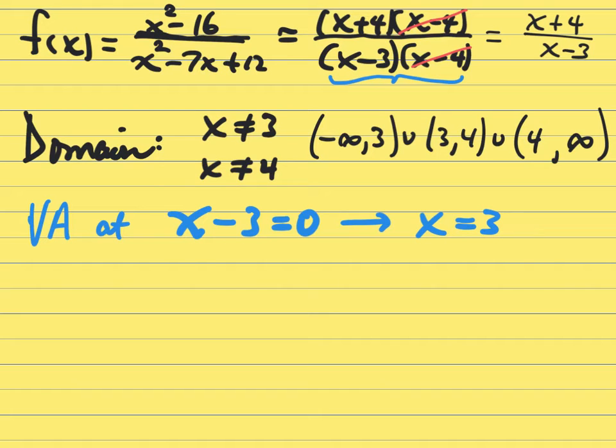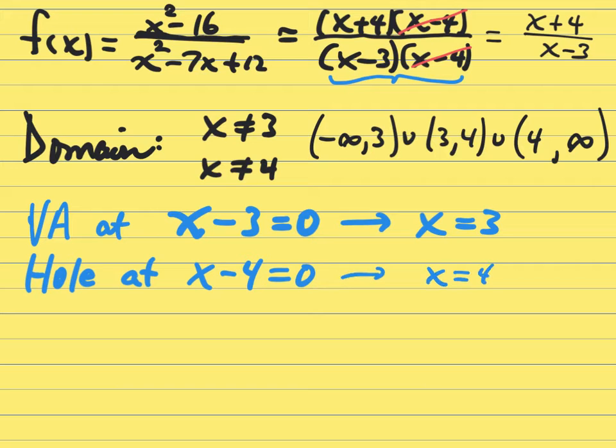The one that cancels is the location of a hole. There's a hole where x minus 4 is 0. It's called a removable discontinuity. If you go back to the simplified fraction, the one that after you factor and cancel, and you plug a 4 in, you're going to get 8 on top and 1 on bottom.